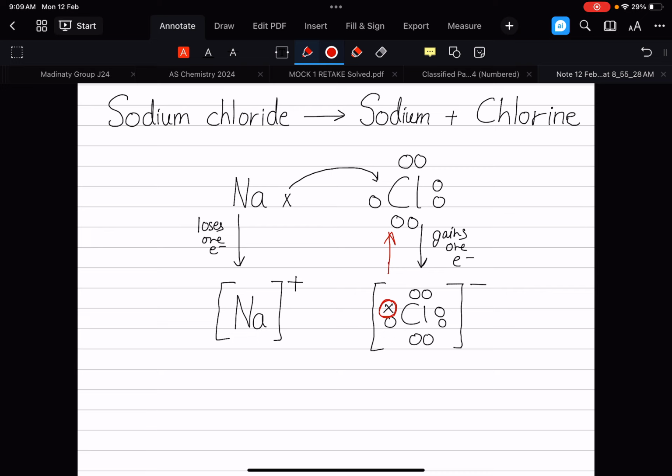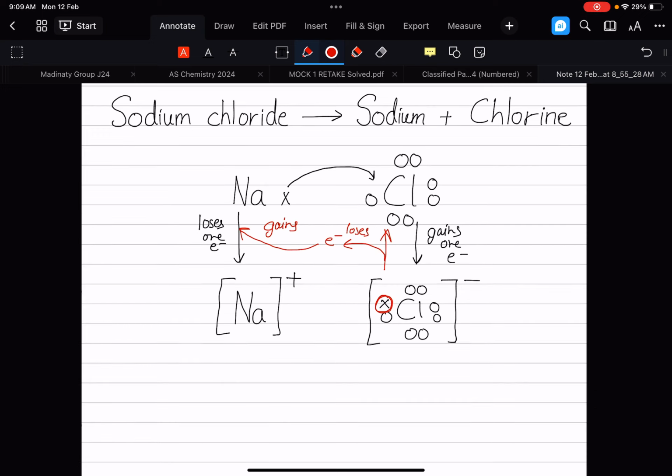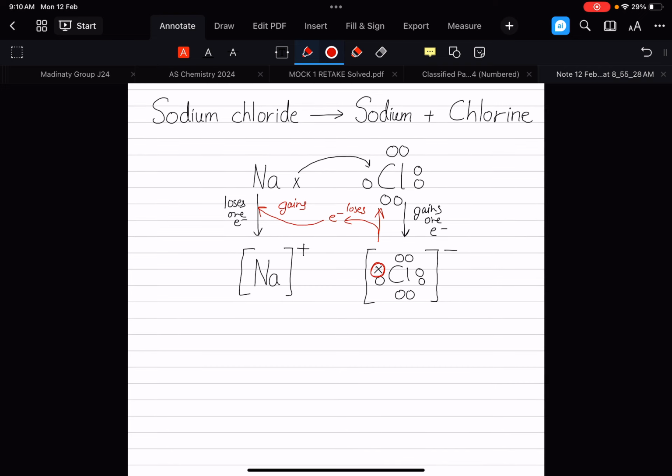So the chloride ion will lose the electron, and the sodium ion will gain its electron again. And when it gains its electron, it will form the sodium atom, and now the ionic compound is broken apart. Okay, this is what happens during electrolysis.